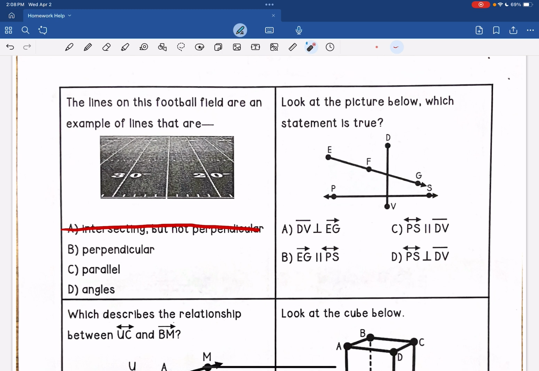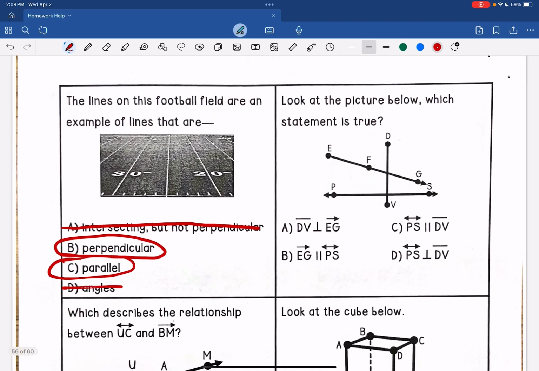So there are angles on this field, but I'm going to go ahead and say that the lines are not angles. In my opinion, I would say that the lines are parallel, although there are some perpendicular, so you could also choose that one. But intersecting but not perpendicular, I don't see those. And angles, I don't really see angles marked out on this picture. So I would say B and C.